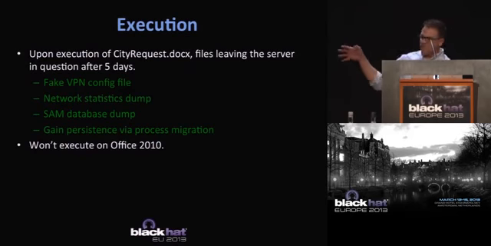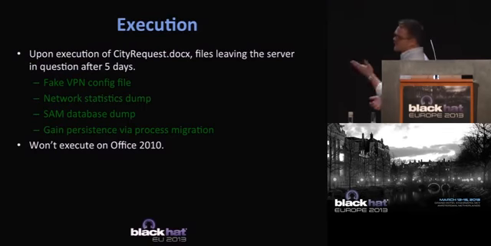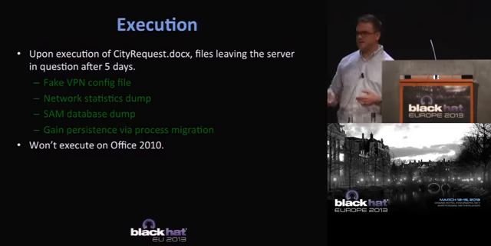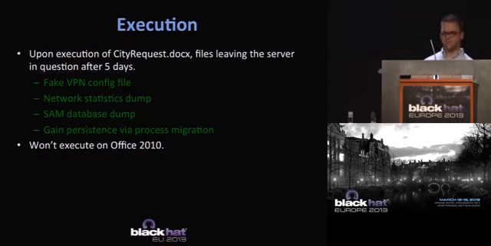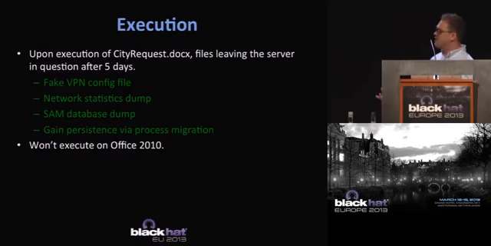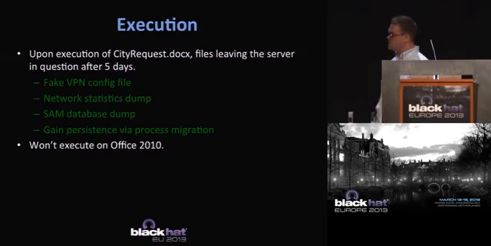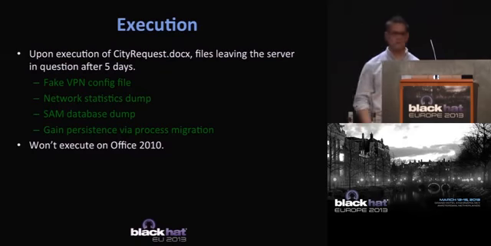There were really 4 things of interest that left. The first was a fake VPN config file. Second was a network statistics dump, a SAM database dump, and gaining persistence via process migration. I watched process migration occur for persistence purposes. And then they included a SAM database dump as well, to ensure they could start cracking passwords if there was anything else in that domain.